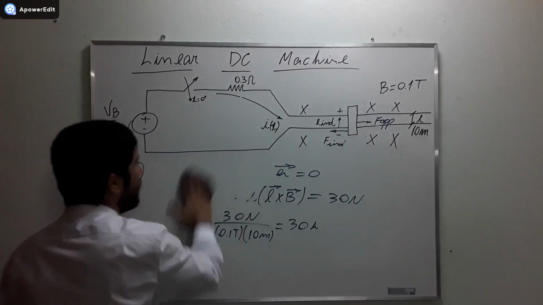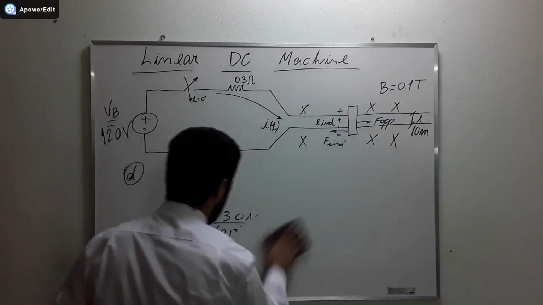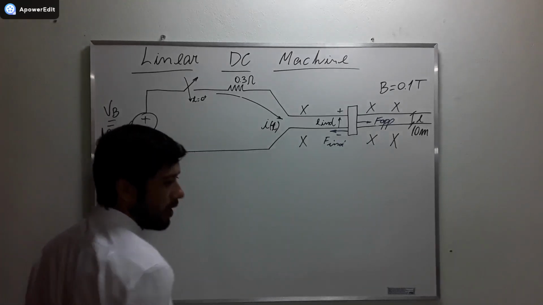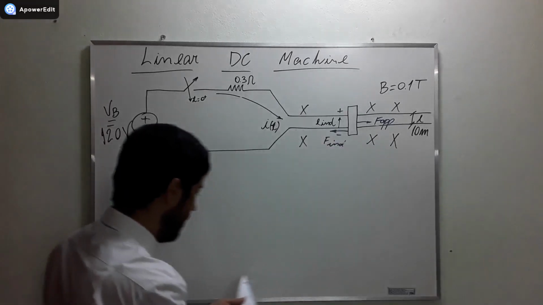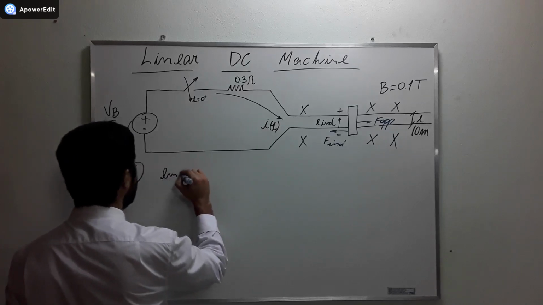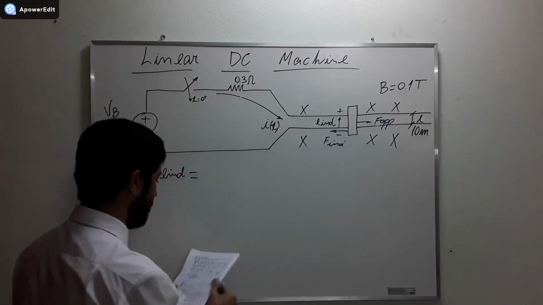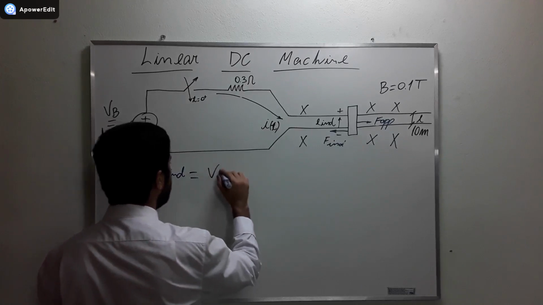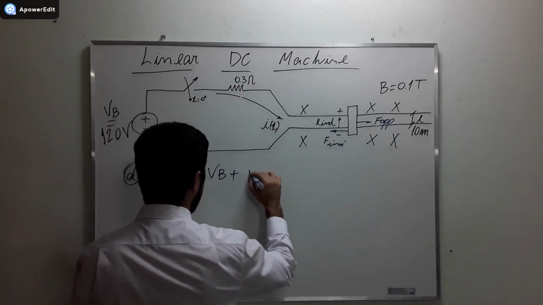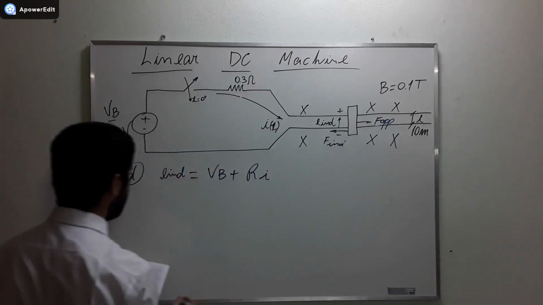Alright, my friends, let's finish the exercise. We are almost over. The induced voltage that's being generated is going to be equal to the voltage of the battery plus the resistance times the current.